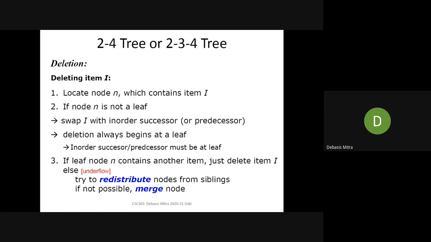We'll delete it from there. No problem. But if it is not a leaf node, it is an internal node, then we need to replace that element with the in-order predecessor or successor, and then we have to actually delete the in-order predecessor or successor from its original place.